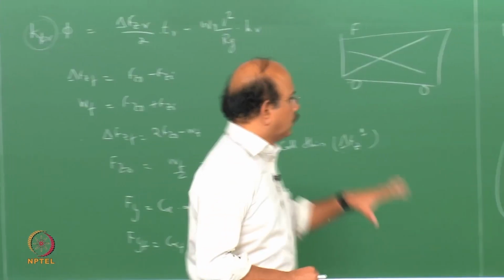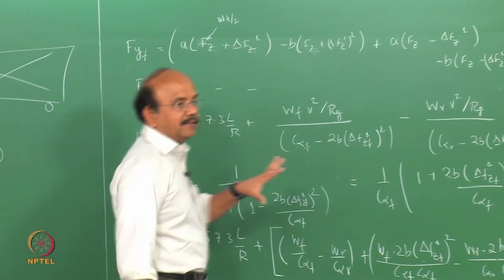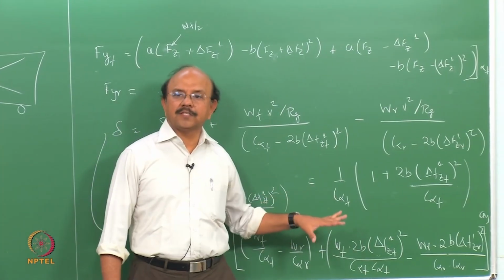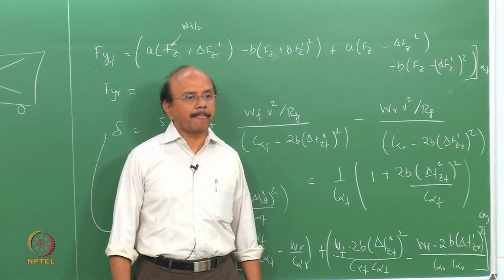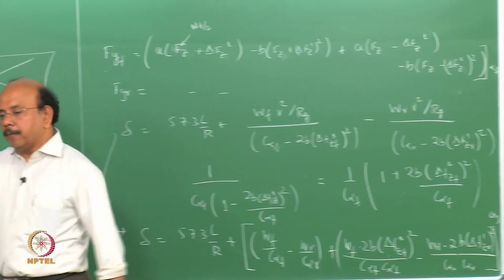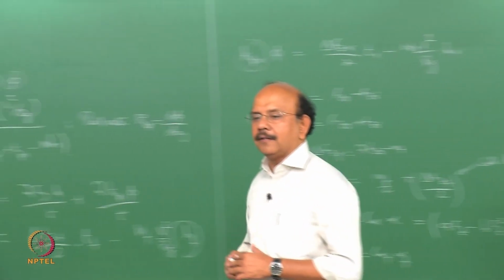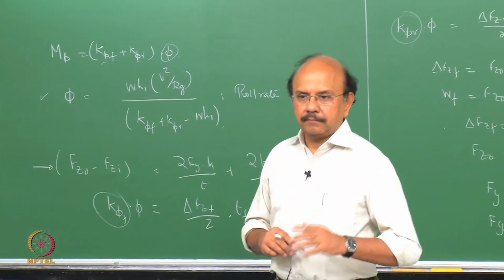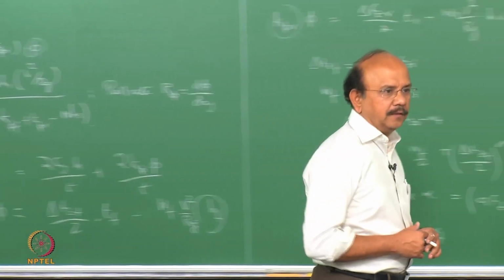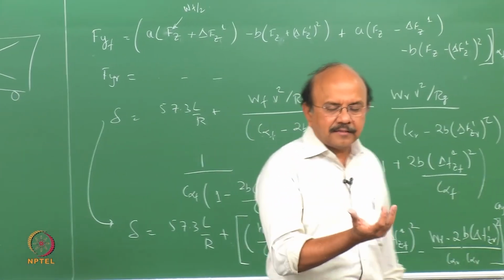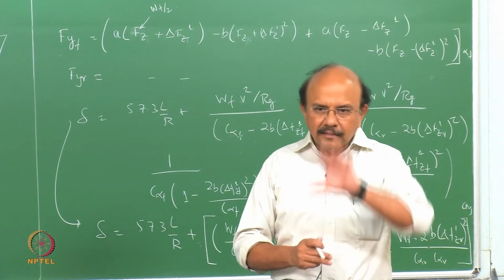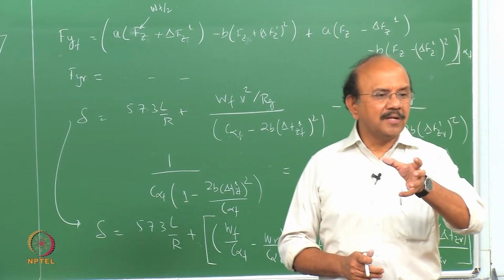Okay, so the first thing is that the roll causes a change in the understeer oversteer characteristics. Remember that when you take a turn, you give a steering, and then the vehicle realizes that it is taking a turn, and then the roll happens, and the roll happens with some time.